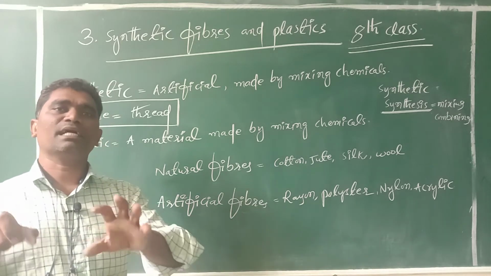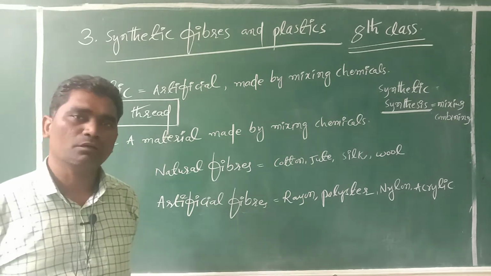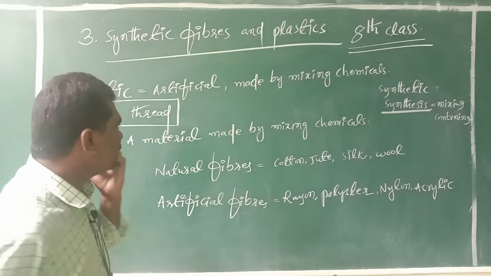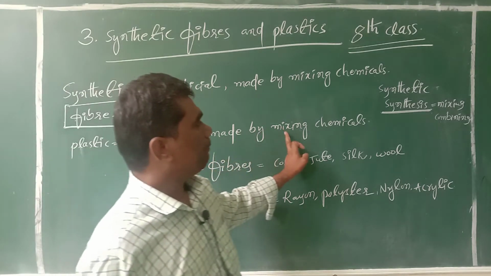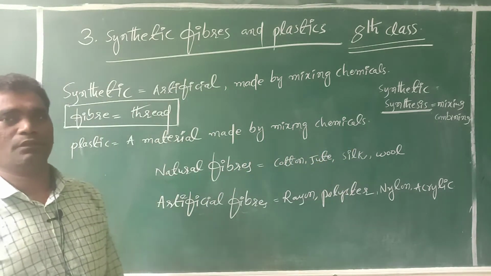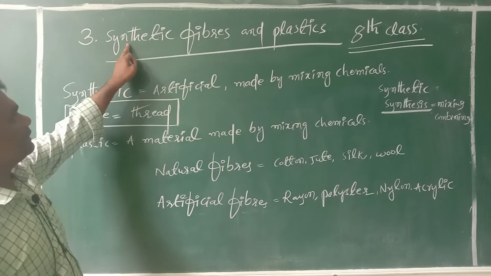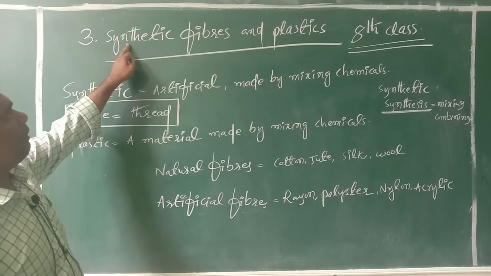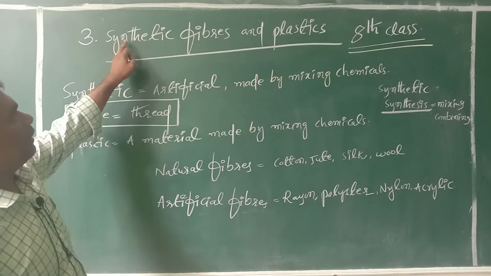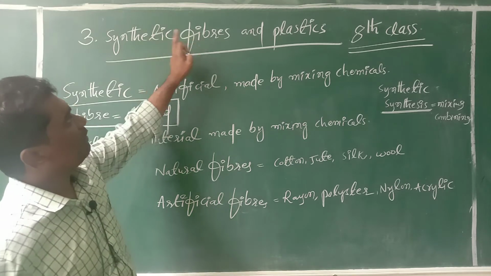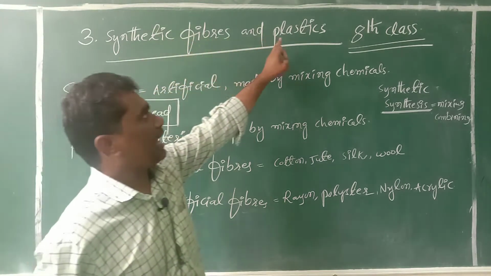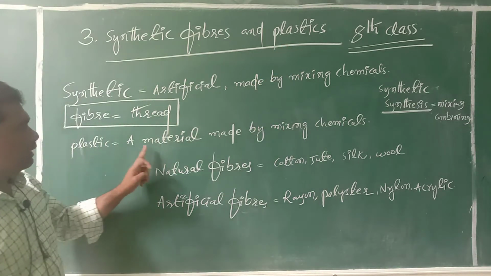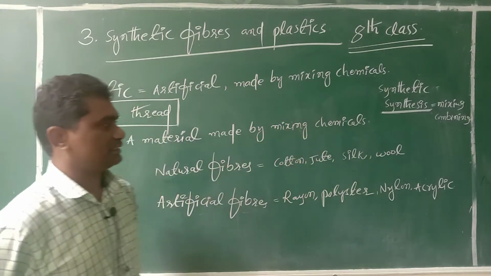So here, synthetic means fibers are obtained by mixing chemicals, so that's why it is called synthetic fibers. Plastic means a material made by mixing chemicals.